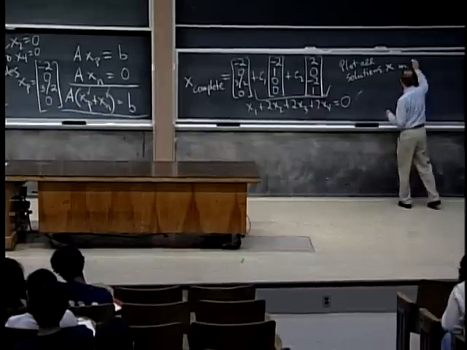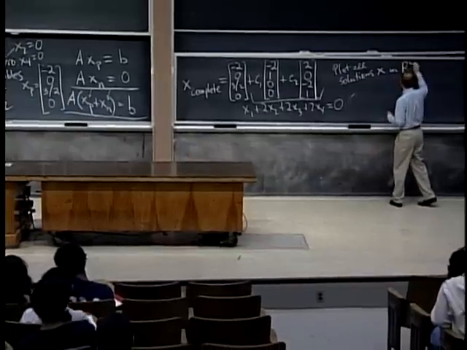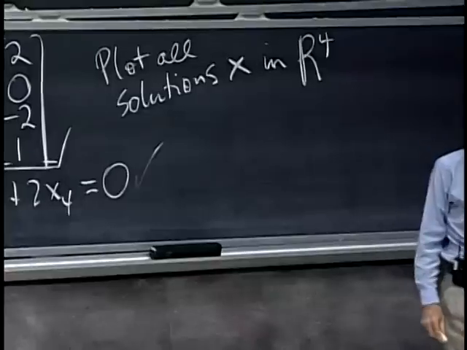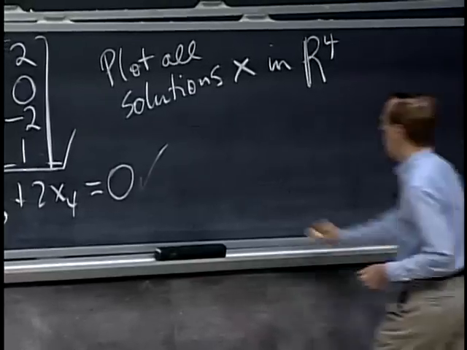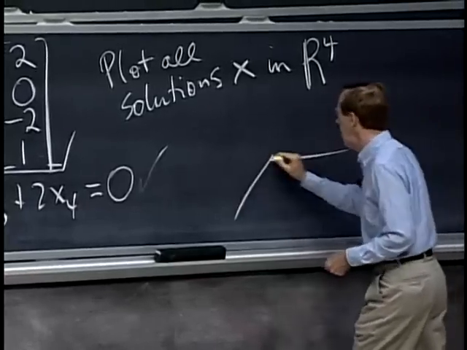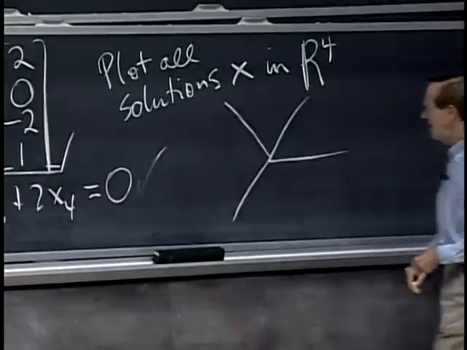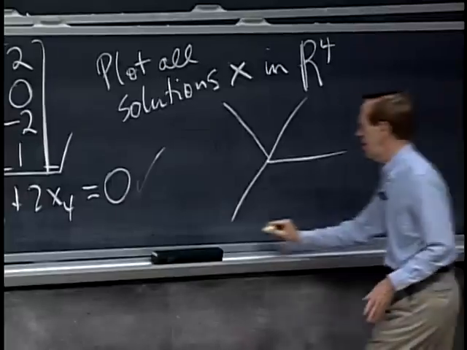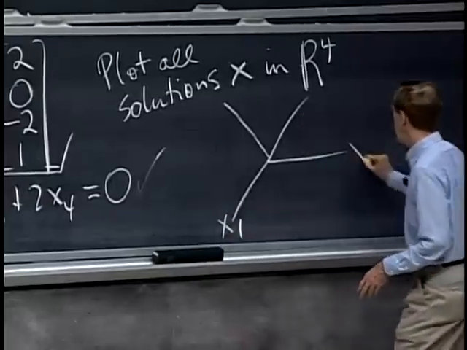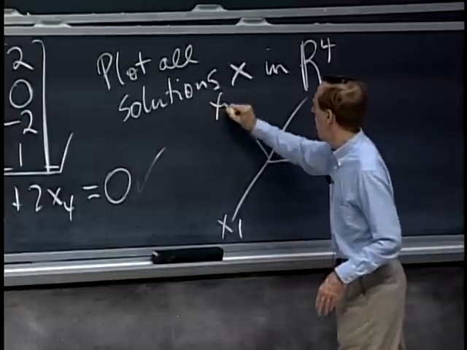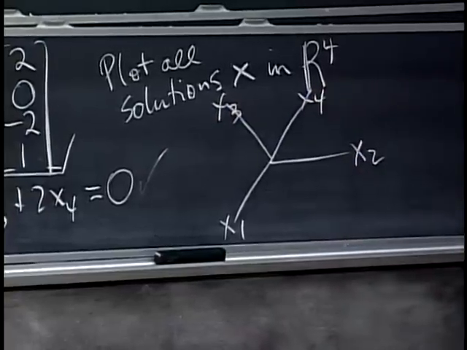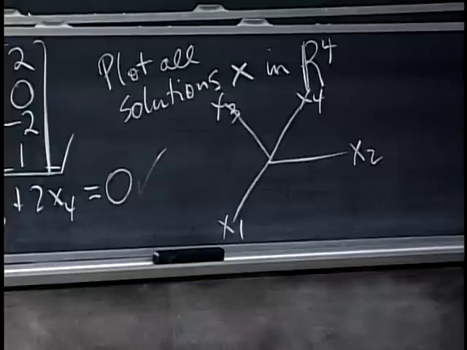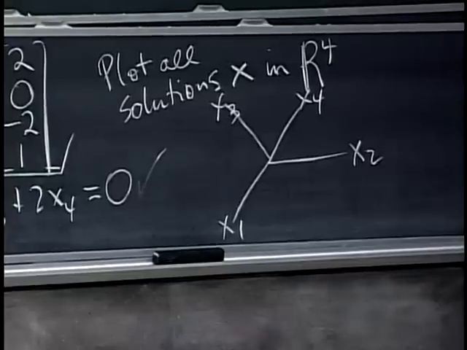So I have to draw a 4-dimensional picture on this MIT cheap blackboard. Okay, so here we go. x1, Einstein could do it, but those are 4 perpendicular axes representing 4-dimensional space.